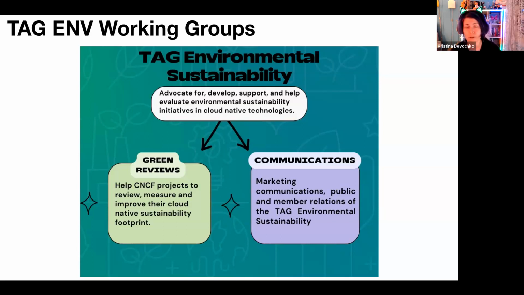So this is also a great opportunity if you're more interested in non-technical contributions and maybe working tighter with the content that we are creating and publishing in the TAG. So this group can be a great opportunity for you to join.